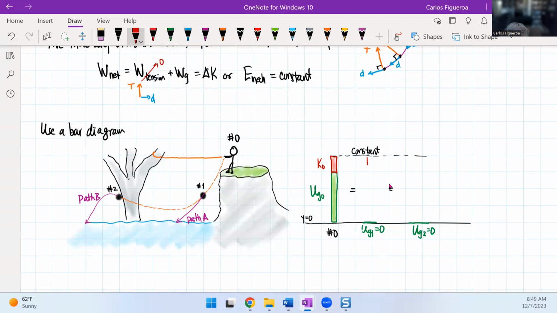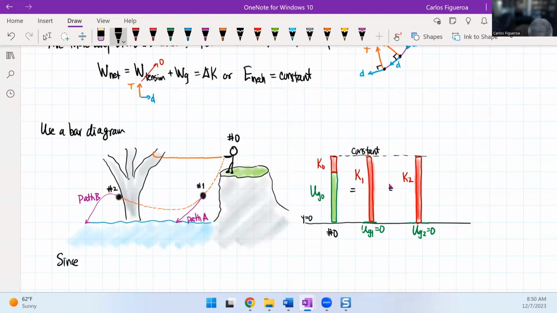Conservation of energy then forces us to state that the rest of the energy must be the same. So there's only one conclusion we can draw.